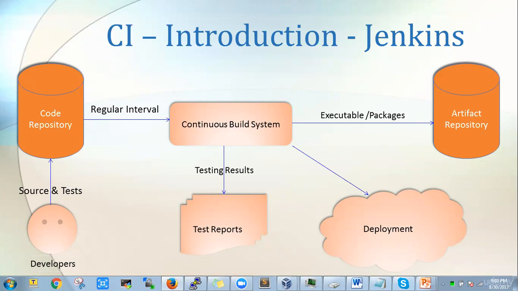They will rewrite the code and push it into the code repository. Again, I will go to the continuous build system and build it. If an error is found, I will report it. If it is a successful build, I will save it into the executable package and I can continue with my deployment process.